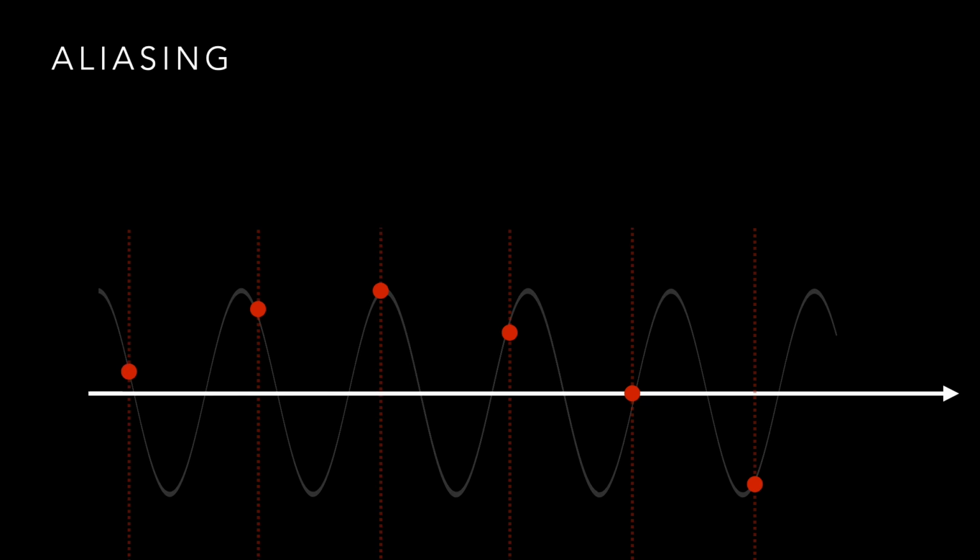If you imagine this in your mind's eye, connect the dots, you get this alternate wave, this really low frequency wave that doesn't do anything to reproduce what the actual wave is in reality, right? And so this is the fundamentals of the principle that we call aliasing, where your sample rate is set inappropriately.